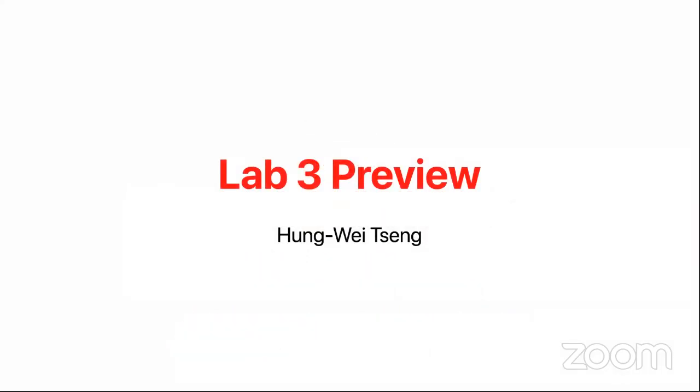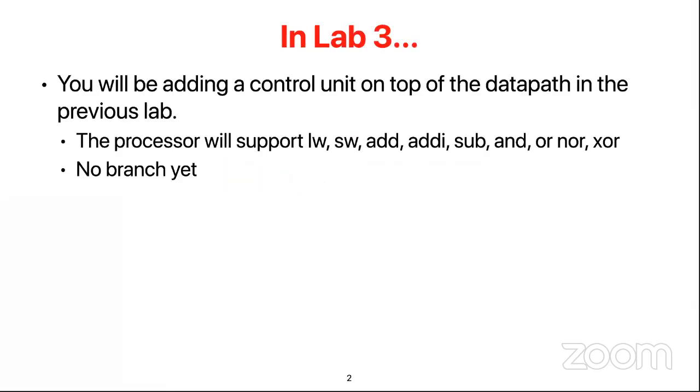Thanks for coming to the lab lecture. So today we are going to give you an overview of lab 3. As you might have an idea now, after lab 2 we are gradually building a processor that supports MIPS instructions, a subset of the instruction set architecture.